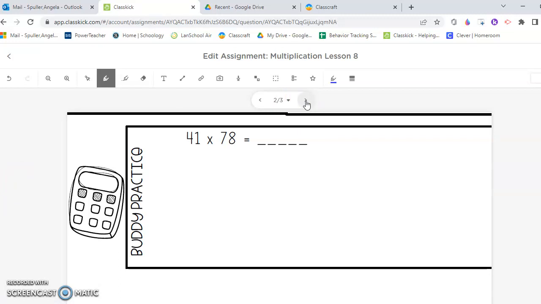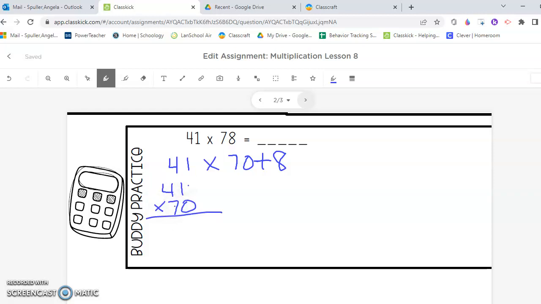Okay, so I'm going to say 41 times, and I can break the 41 apart, or I could take the 70 and the 8 apart. I think 41 would be easier to add or multiply, so I'm going to say 70 plus 8. Okay, so I'm going to say 41 times 70.